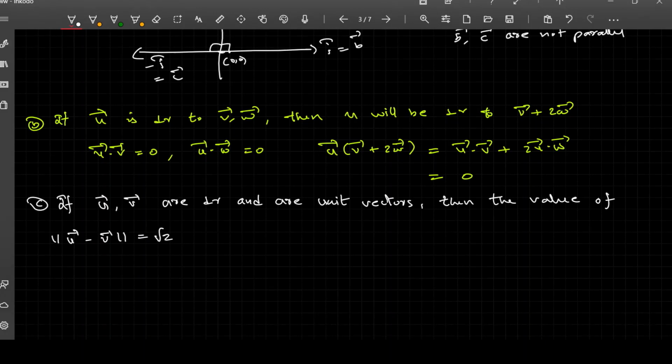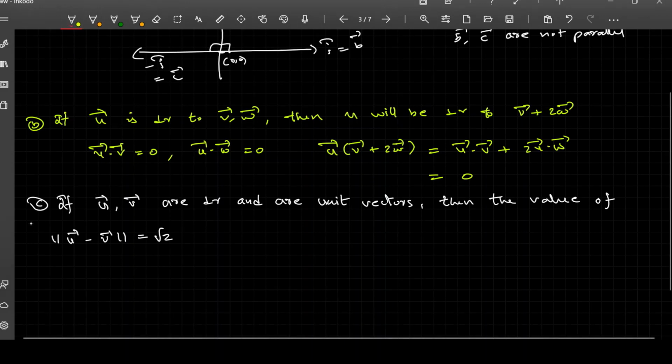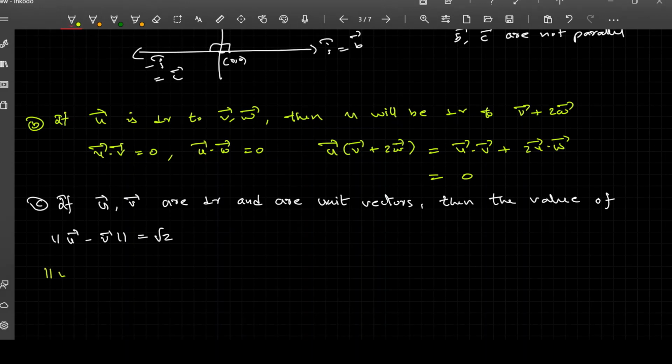This is what they have given. So how should we proceed first? We know that the magnitude of u vector minus v vector whole square is equal to (u vector minus v vector) dot (u vector minus v vector), isn't it? We know that the dot product of a vector with itself gives the square of the magnitude of that vector. So u vector dot u vector is the square.